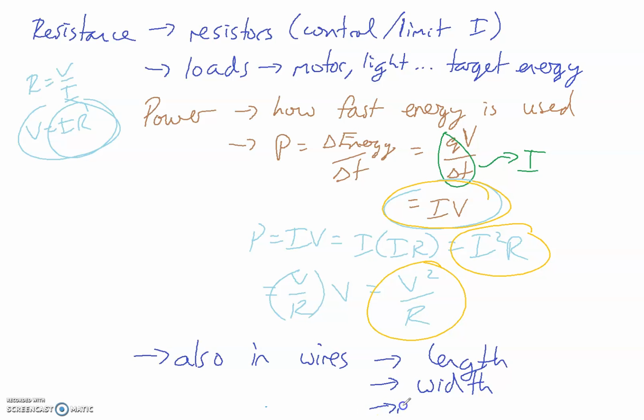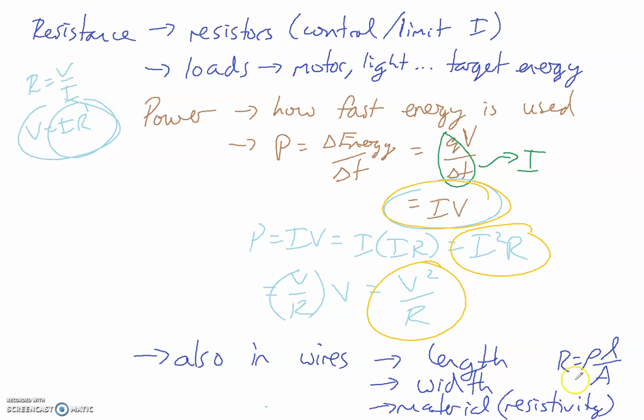But the material is also important, and this is where a quantity called resistivity kicks in. Different metals, because of valence electron structures and how the atoms are put together, let electricity go easier than others. Sometimes you'll see the expression that the resistance for a wire is rho L divided by A.